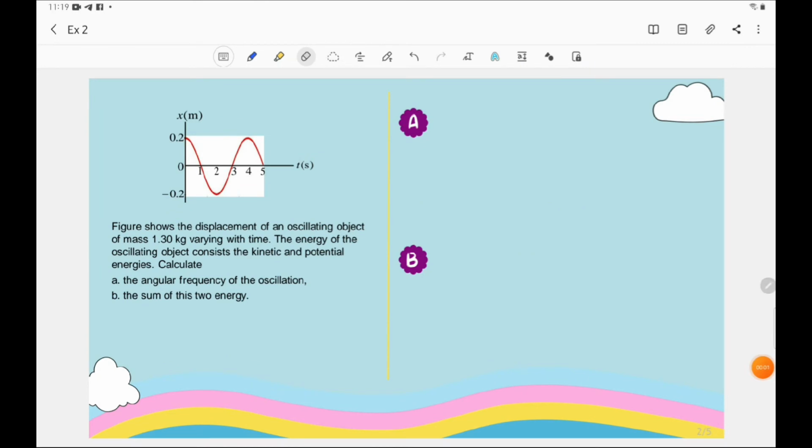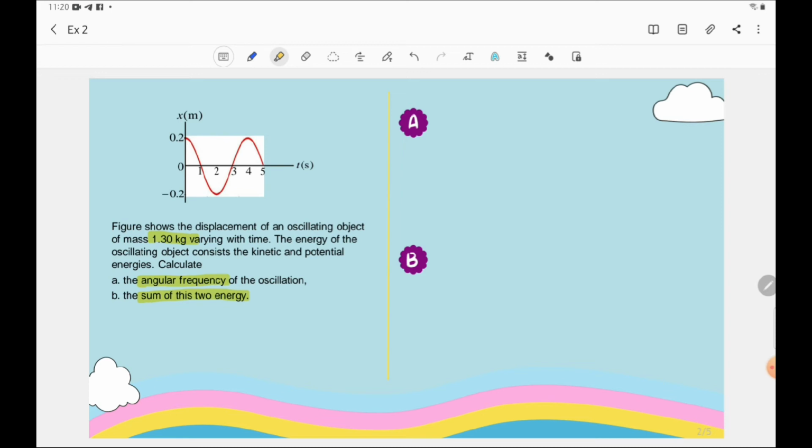Figure shows the displacement of an oscillating object of mass 1.30 kg varying with time. The energy of the oscillating object consists of the kinetic and potential energies. And we are going to calculate the angular frequency of the oscillation and the sum of these two energies.